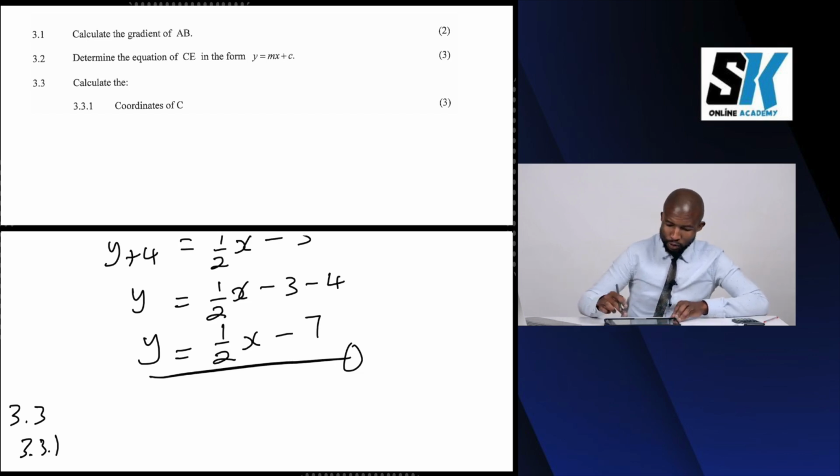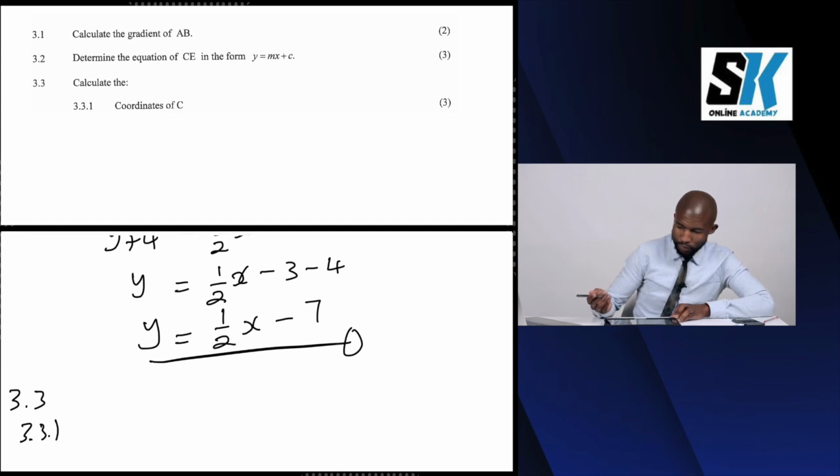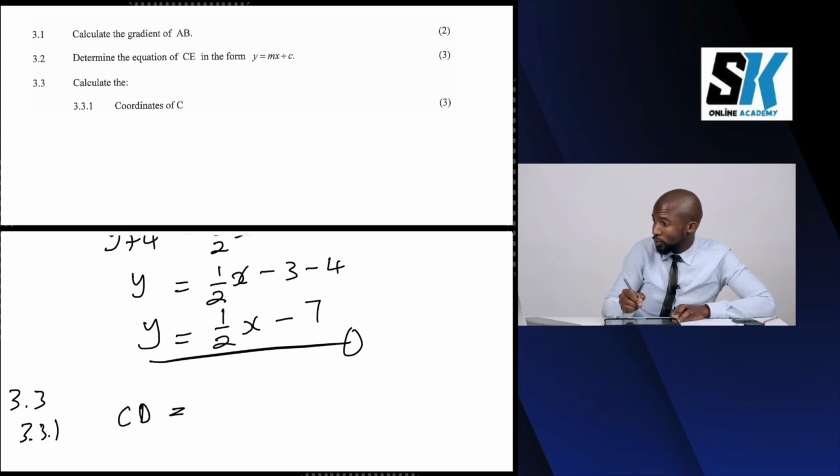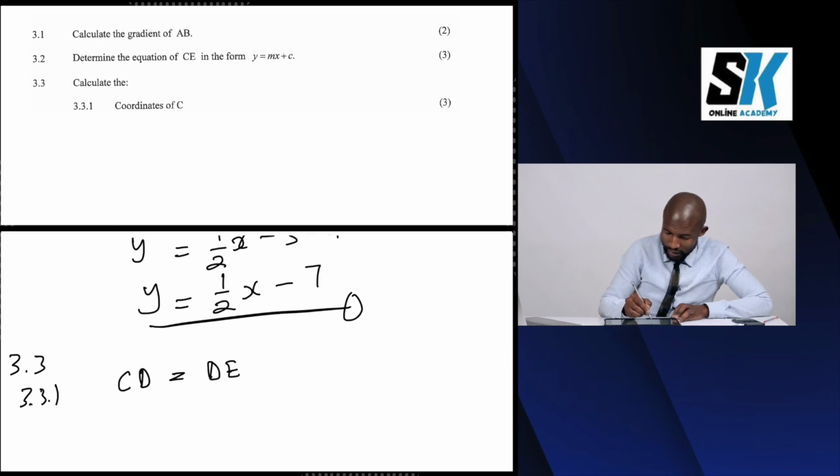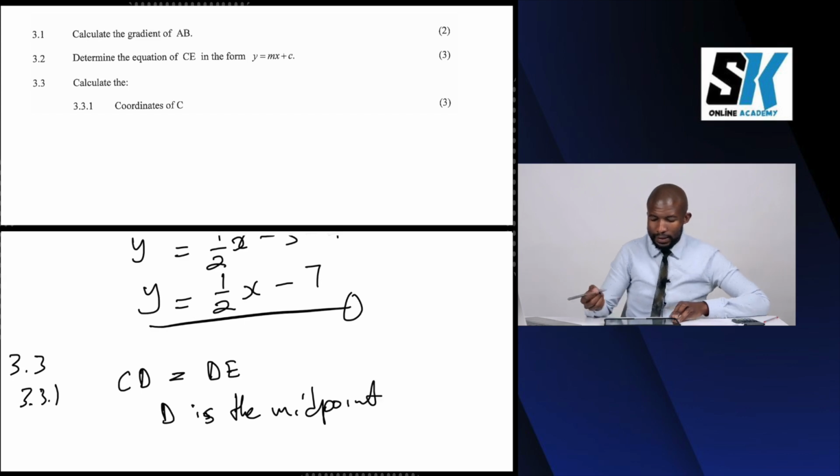To get the coordinates of C, this is what you're going to do. They already told us in the statement that CD is equal to DE, which means they are equal in length, and that means D is the midpoint of that line.